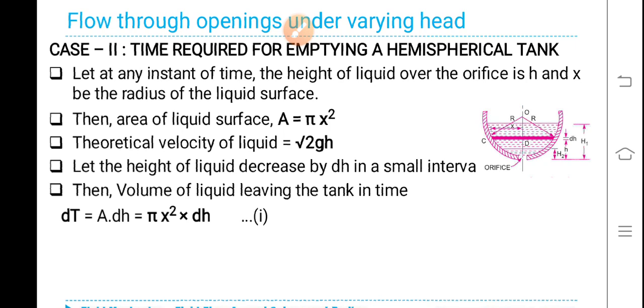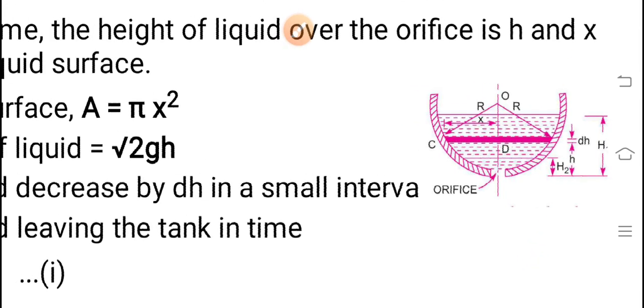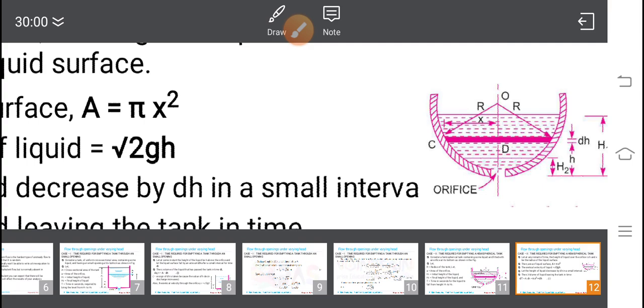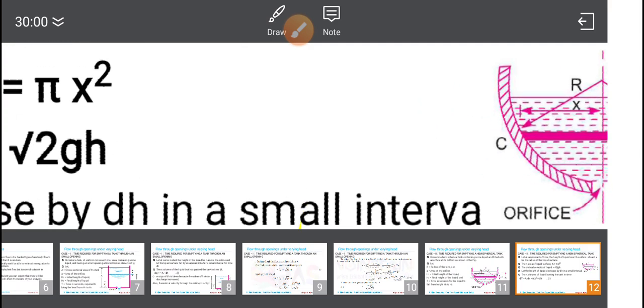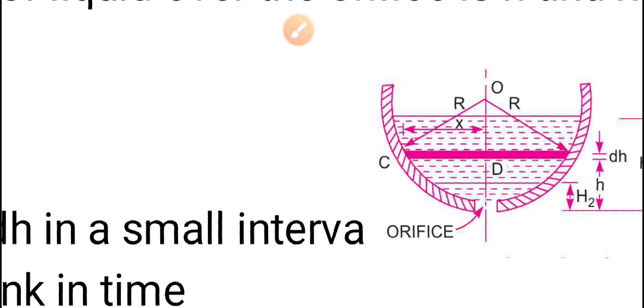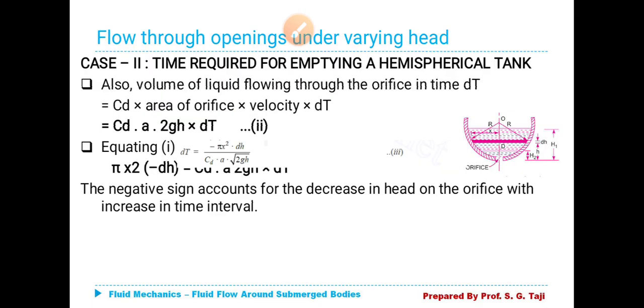Here, the area of the liquid surface at that instant, at this head small h above the orifice, A is equal to pi x squared, where x is this distance CD. CD is x. That is required to be calculated. For that, we have to construct the figure in such a way that it becomes right angle triangle CDO.